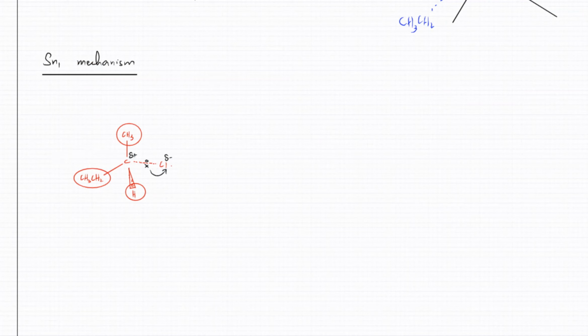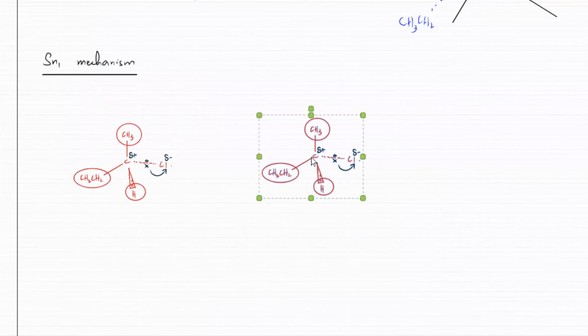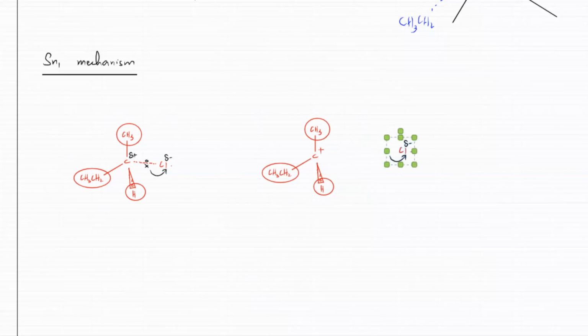Remember, when the Cl leaves, what's going to happen? A carbocation would be formed. So the Cl has left with its electrons, and this carbon will become positively charged. And ignore the Cl. It took all the electrons in the bond. It became -1, right? Took both electrons.